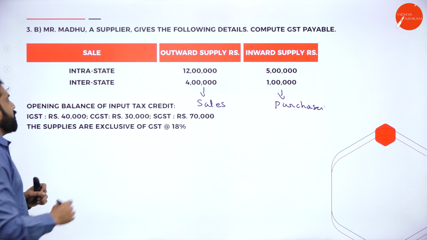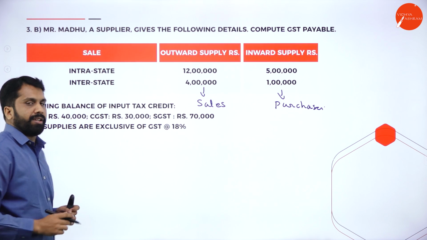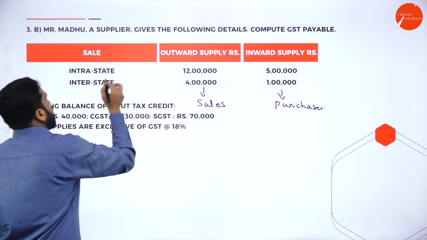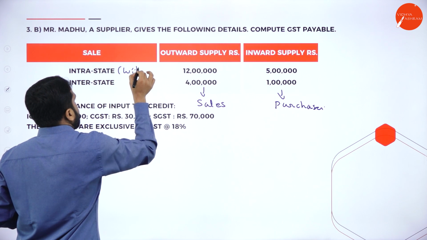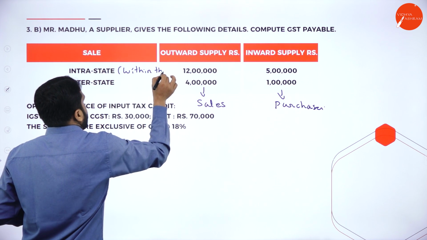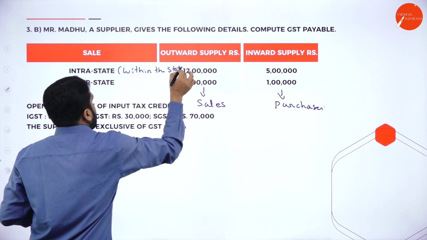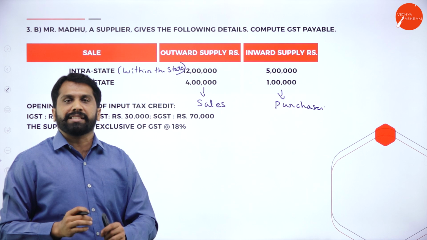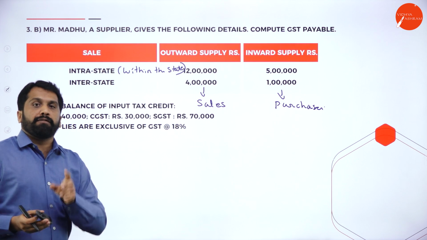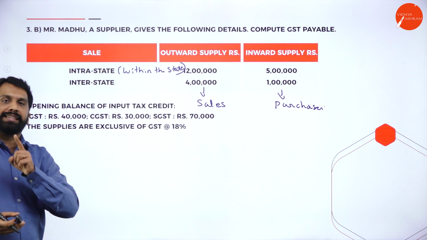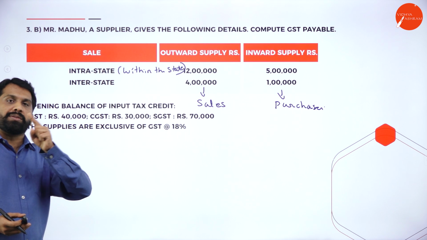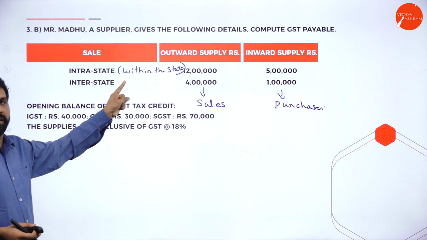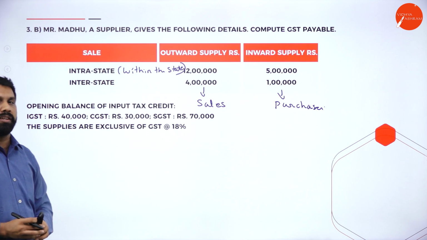Now, they have given intrastate, interstate. What do you mean by intra and inter? Very simple. Intra means within the state. In Karnataka, from Bangalore to Mysuru sale, we call it intra. From Bangalore to Bangalore sales, intra. One district to another district within the state, we call it intrastate. Now, what is interstate?